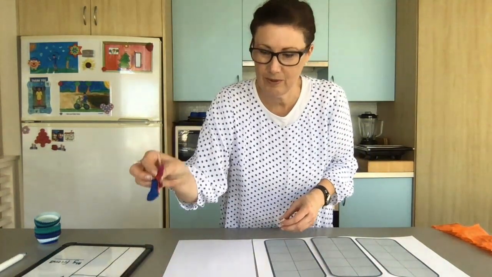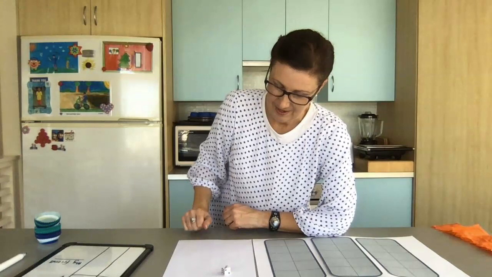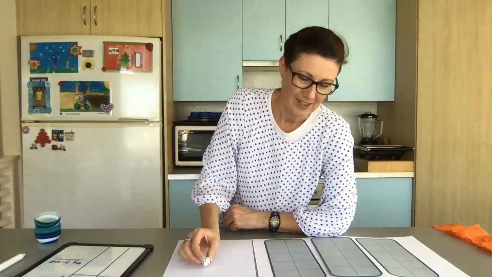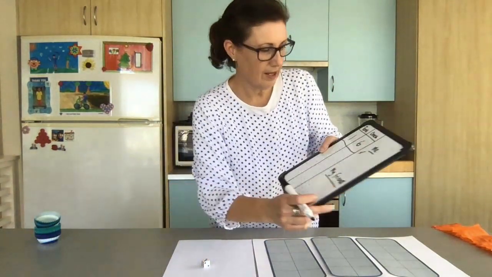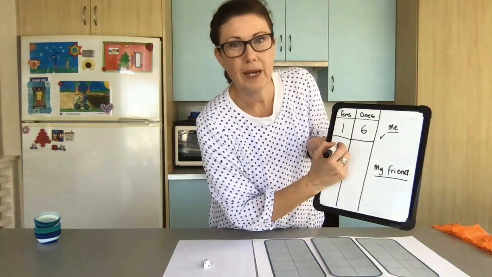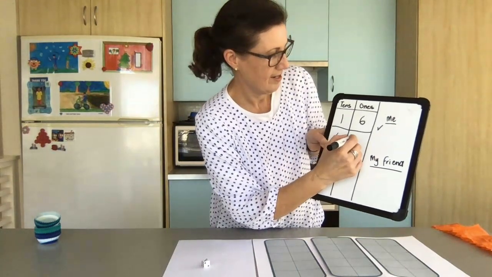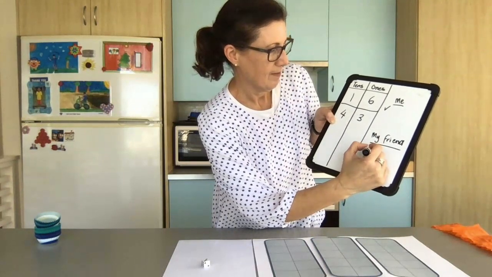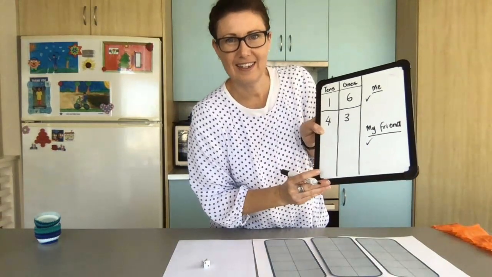You can use counters or little objects that you have, and then you would roll for the ones or the units, and this time I'd have 3. Good. So I'd have 4 and 3. I would need to put them all out and write them in. How many in the tens? 4. And how many in the ones? 3. So they would then write 43. Do they get it right? Yes. So they get a tick.